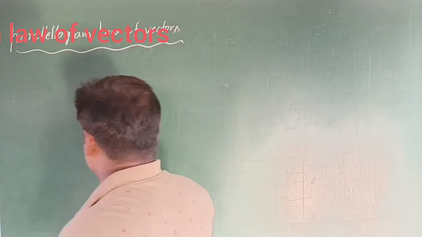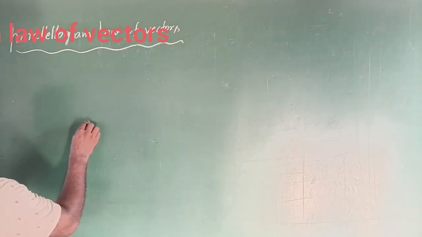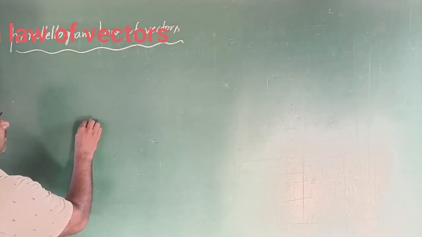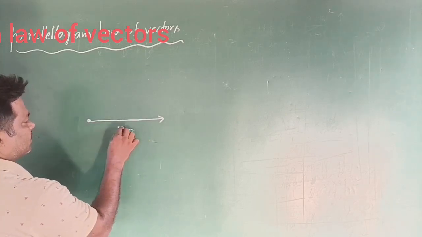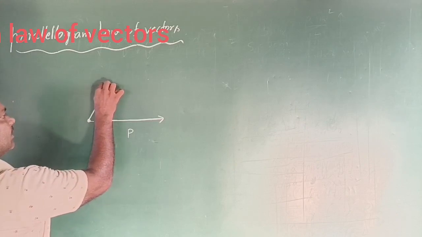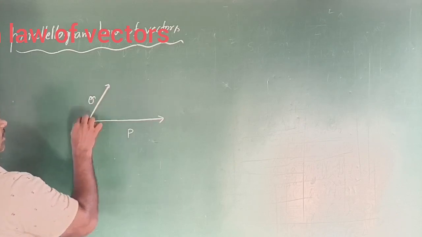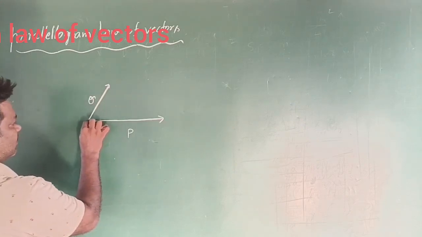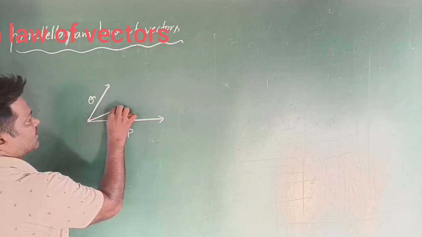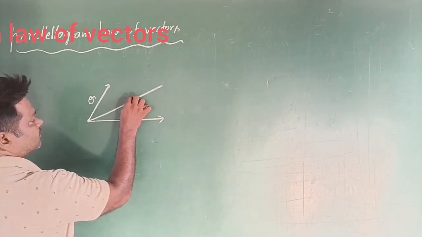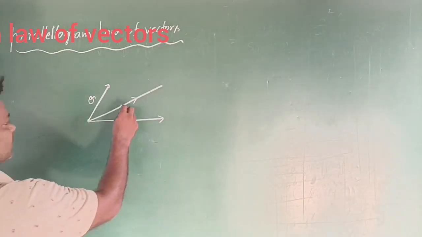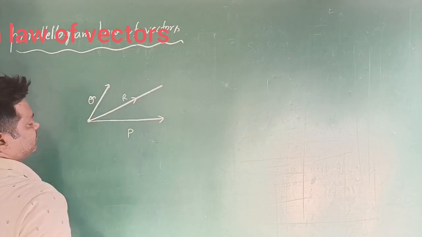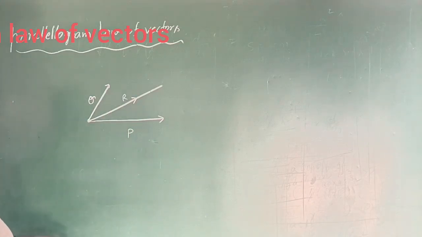So the statement is like this: two vectors P and Q are acting at the same point, then the resultant of these two also starts from that point, and it is like this. This is the resultant. So how do we give the definition?